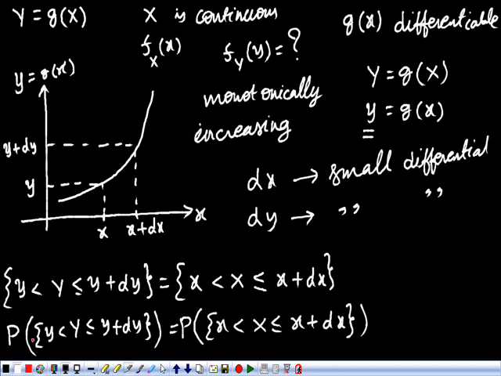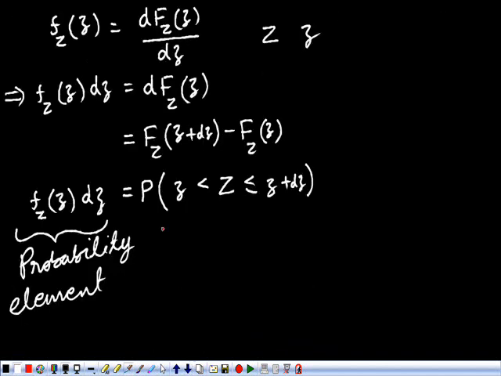Because the probability of the random variable y lying in between y and y plus dy can be written as fy of y into dy. Similarly, this can be written as fx of x into dx, because the probability of z lying in between z and z plus dz is written as fz of z into dz.